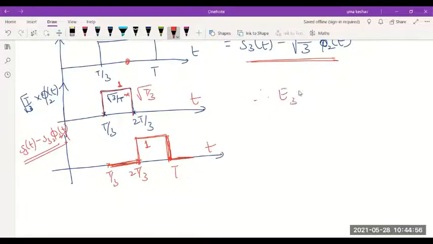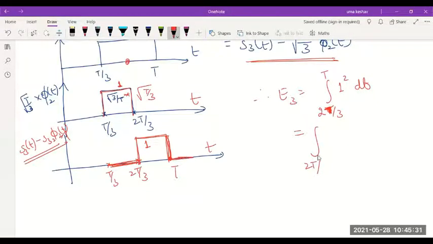Therefore, the energy under the signal is integral 0 to t, 1 square dt. Instead of 0 to t, this signal exists between 2t by 3 to t, correct? So this signal exists. Its value is 1 only between 2t by 3 to t.